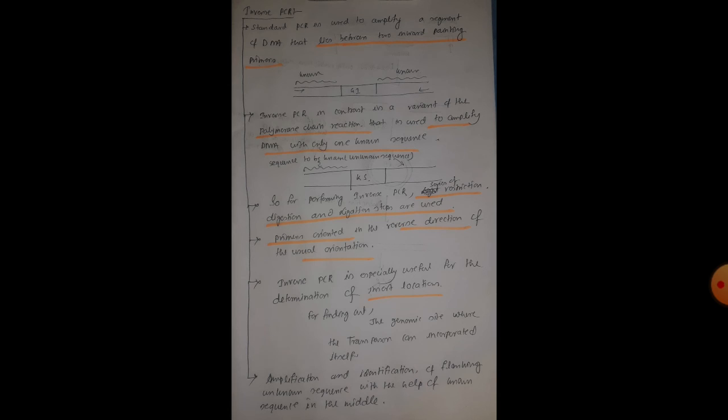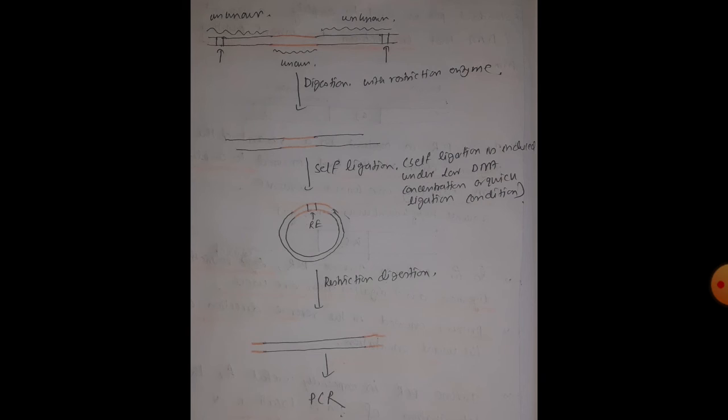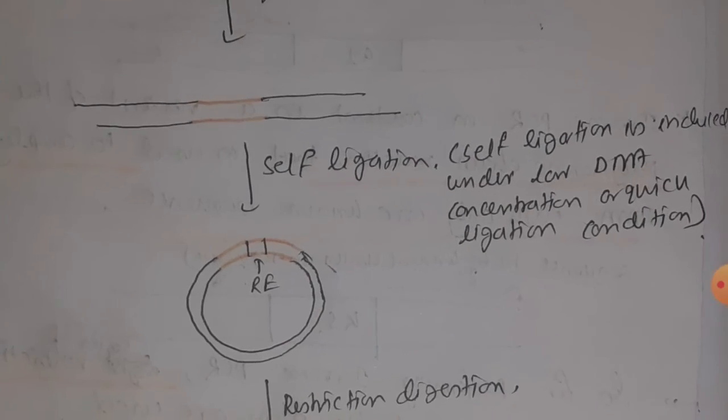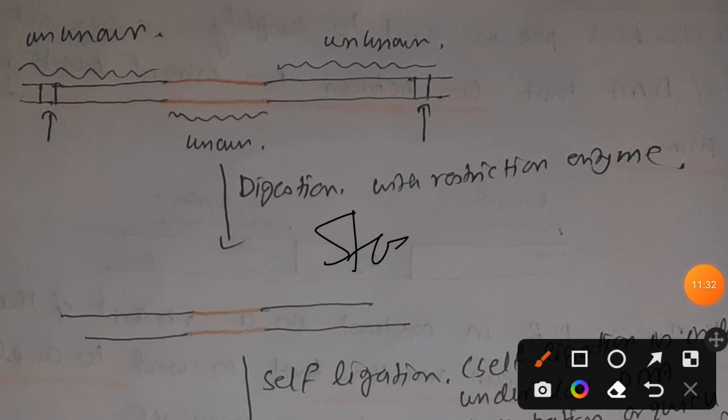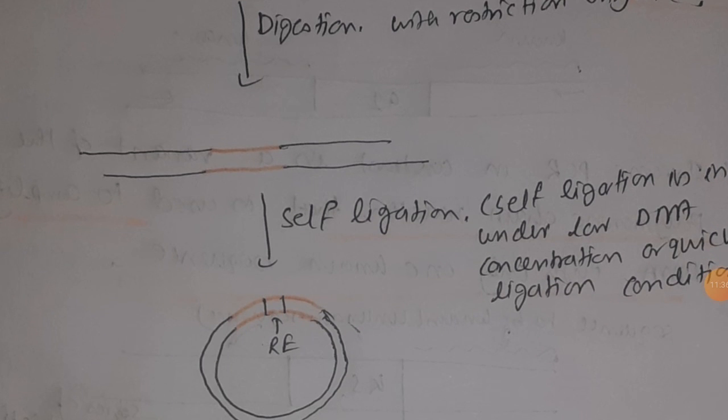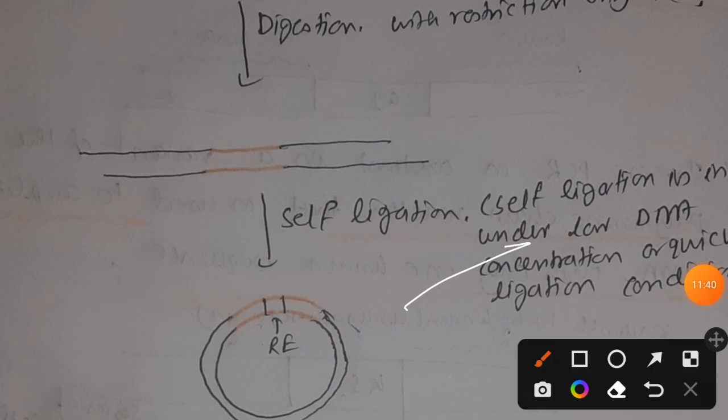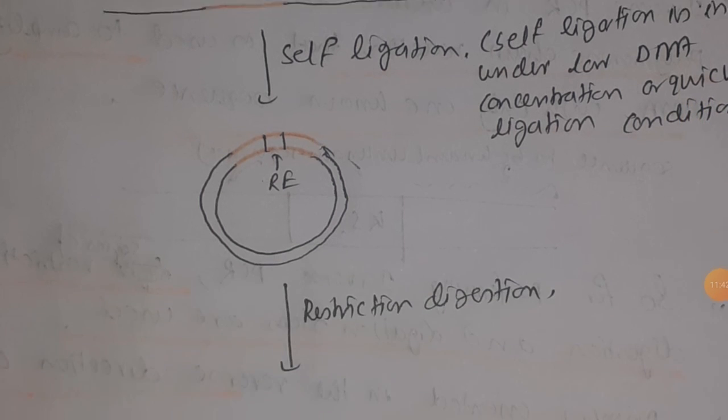For performing this, we are taking the help of a series of restriction digestion and ligation steps, and during the first restriction digestion we should prefer a staggered end, then self ligation. And how can we promote self ligation? We promote self ligation by using low DNA concentration.